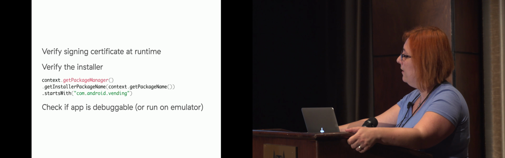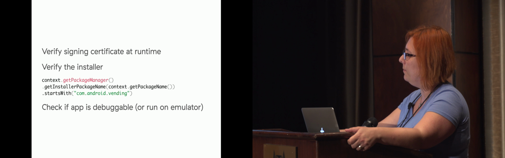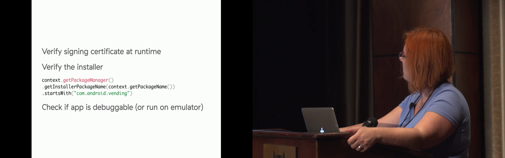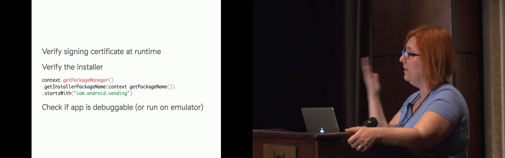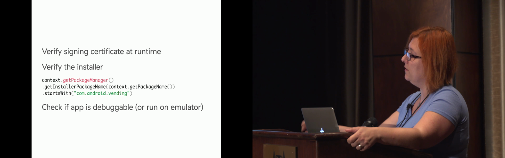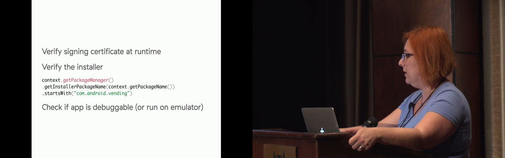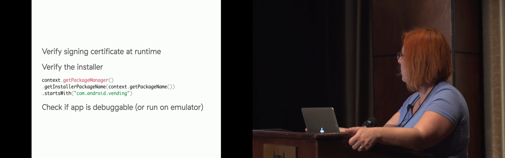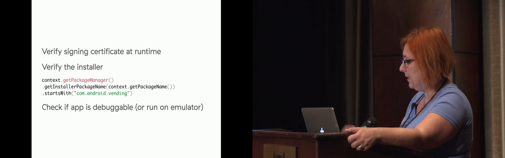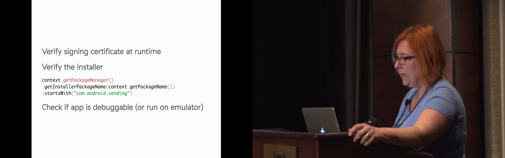So having some kind of dialog that would raise up when your app is run on an emulator or is debuggable, and telling the user, hey, there's something wrong with this build, please don't use it, or maybe exit the app, would be a much better solution than just allowing your users to do whatever they want with the build. So that's the part of build integrity.